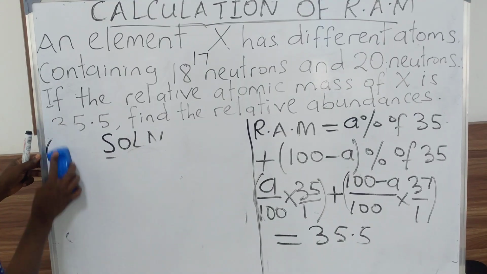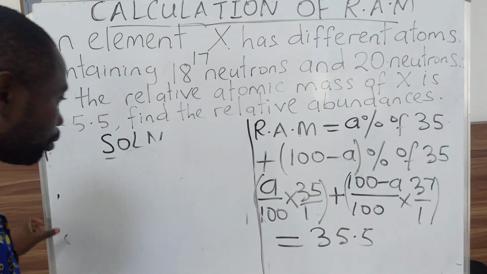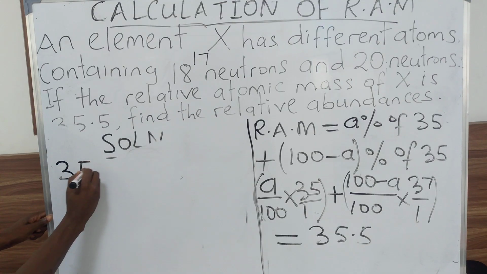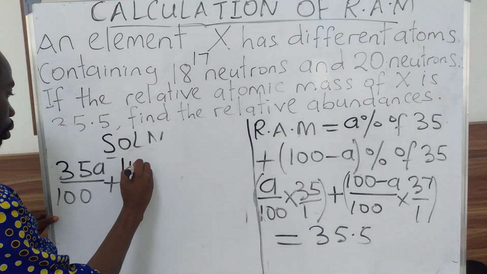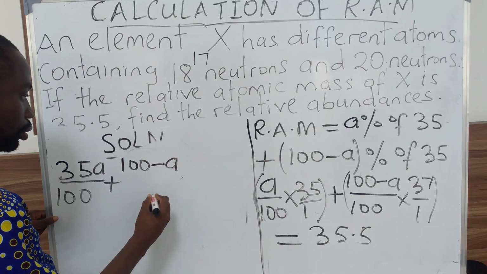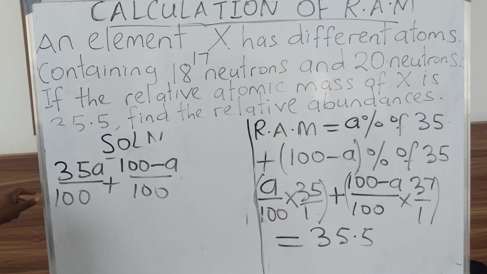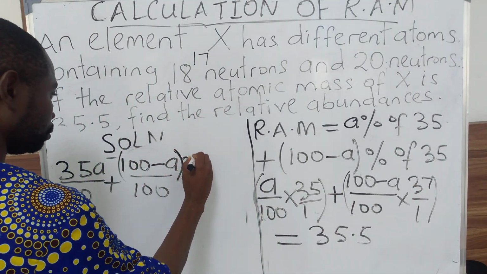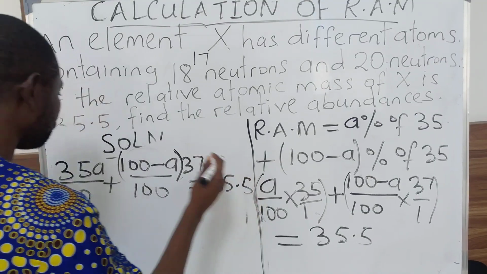So the rest of the work is just mathematics, just to find the value of A by simplifying this. What is A times 35? We have 35A over 100 plus 100 minus A over 100 times 37 is equal to 35.5.